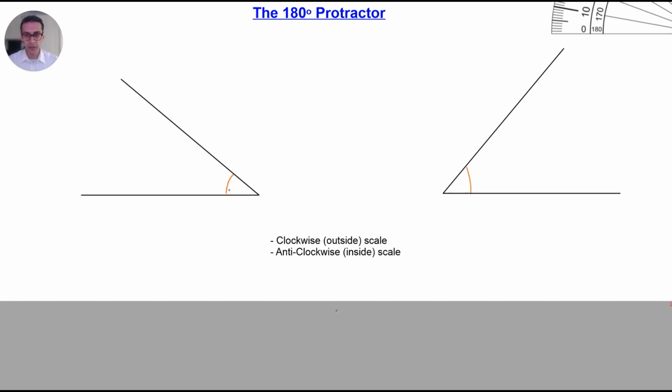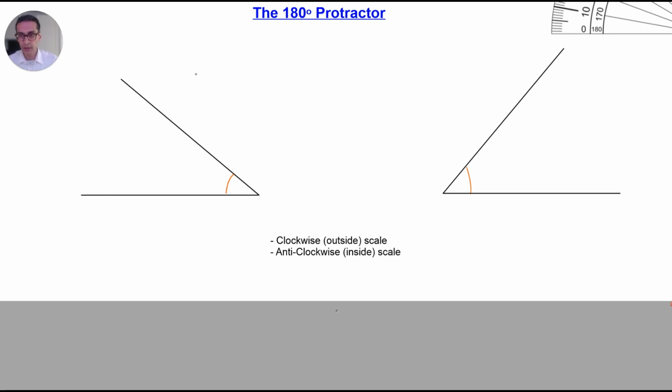So we've got angles which are facing different directions. This one's facing right and this one's facing left. Obviously angles can face any directions, they might face up, etc., but you can usually just turn the page so that the base of your angle is horizontal.